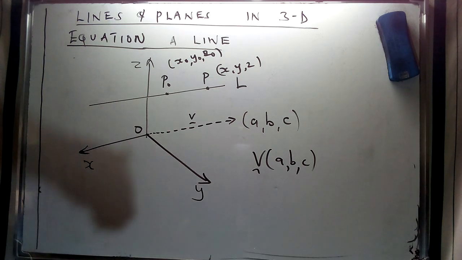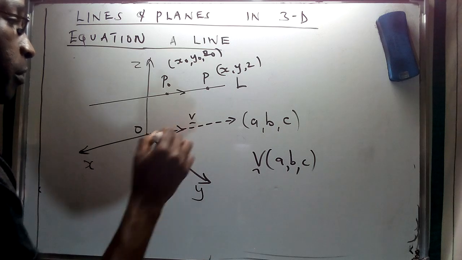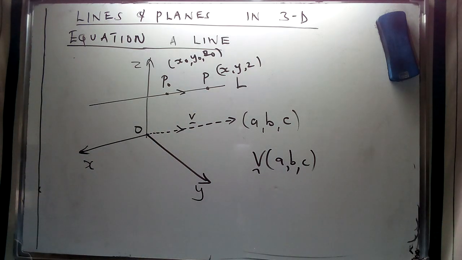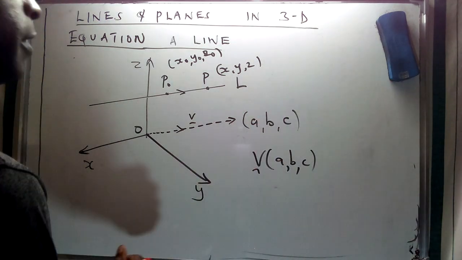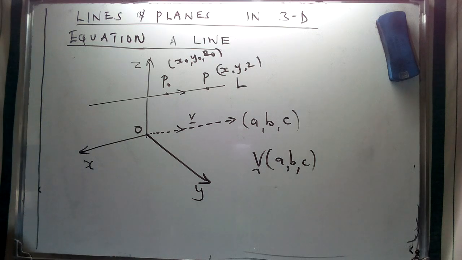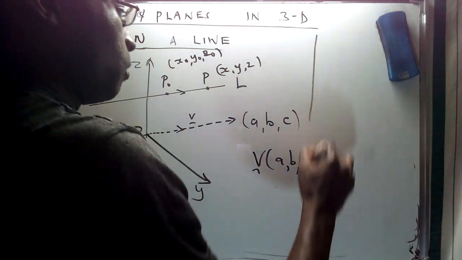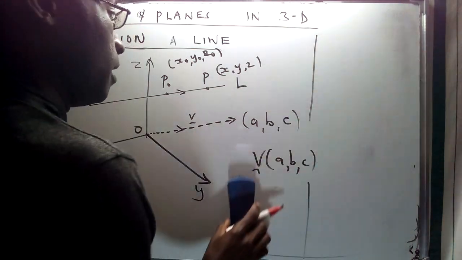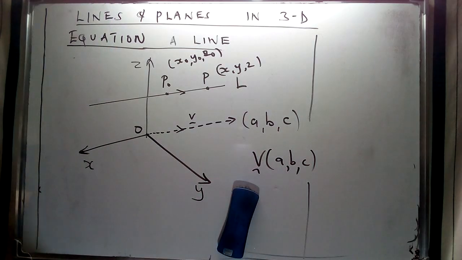So first I'm going to have this line which is parallel to that vector v, and from the analogy I've given on the left side of the board, I can describe these two lines in terms of scalar quantities, or rather in terms of vectors.